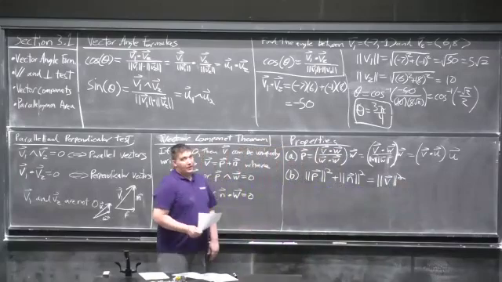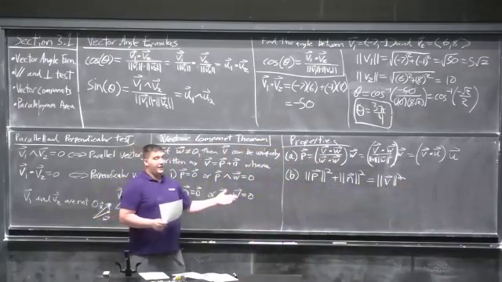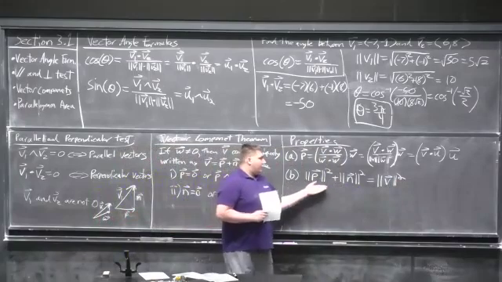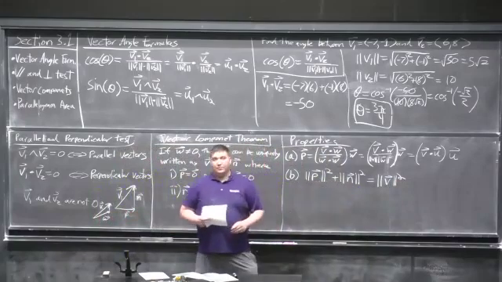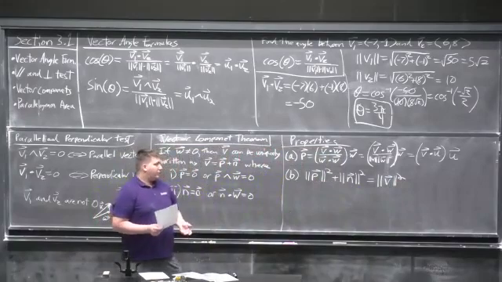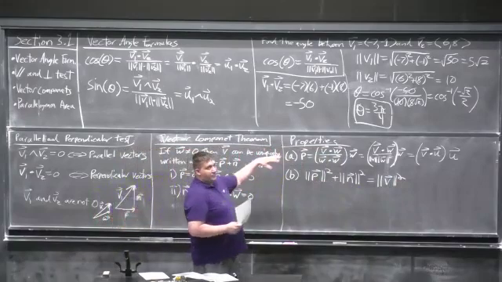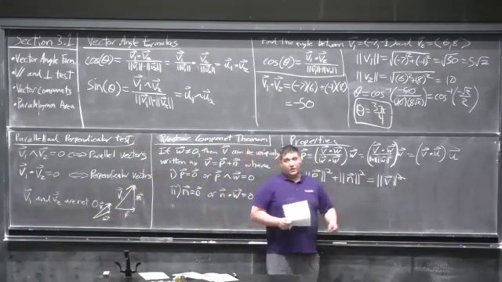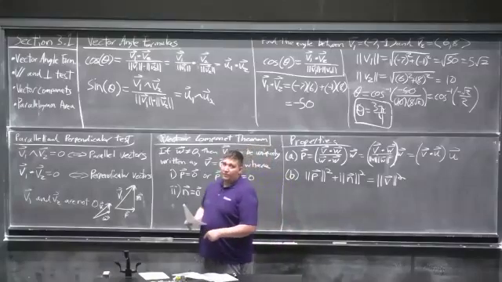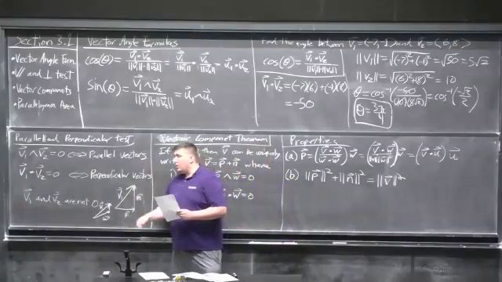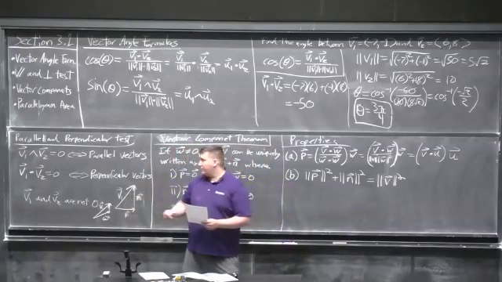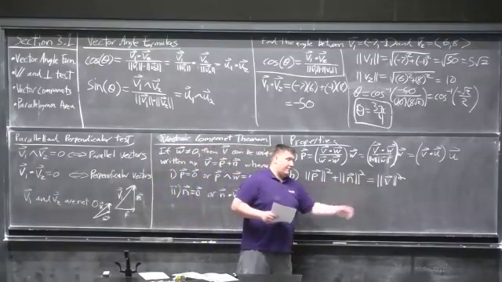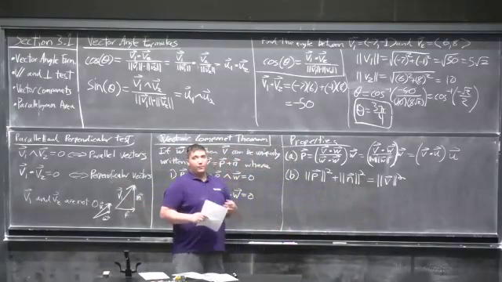Now, this shouldn't be too surprising because this is a generalized Pythagorean theorem. You might be wondering, where is the plus or minus 2 times the dot product of these two vectors? Well, since these two vectors are perpendicular by definition, we know that their dot product must be 0. So that term cancels out, and we're left with something reminiscent of the Pythagorean theorem that we're used to.